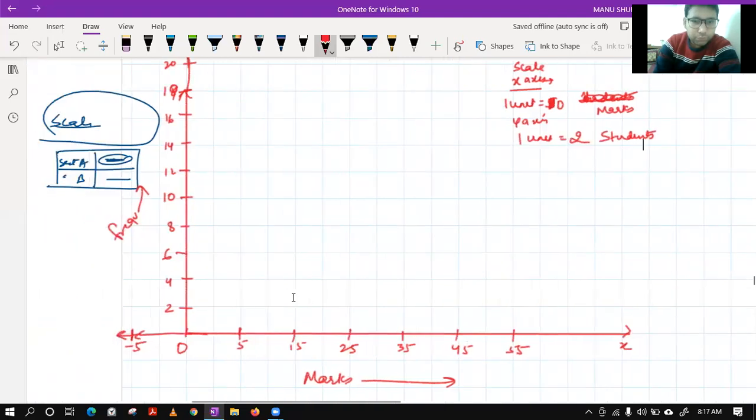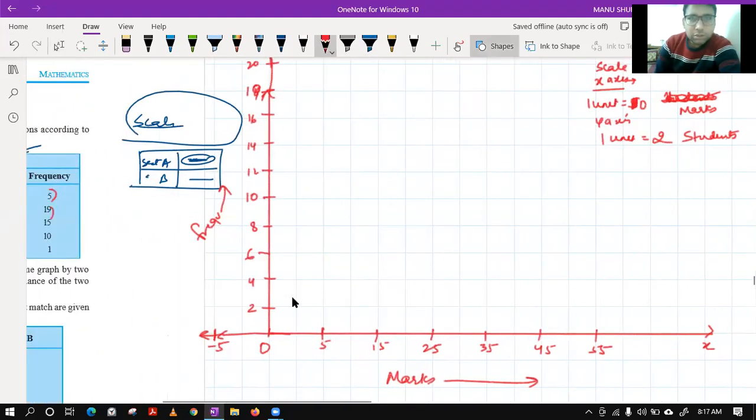Now let's start. The first point, before that tell me, is everything fine in this graph or do we have to change something? Please tell, is everything fine in this graph or do we have to do something? Class, everything is fine.